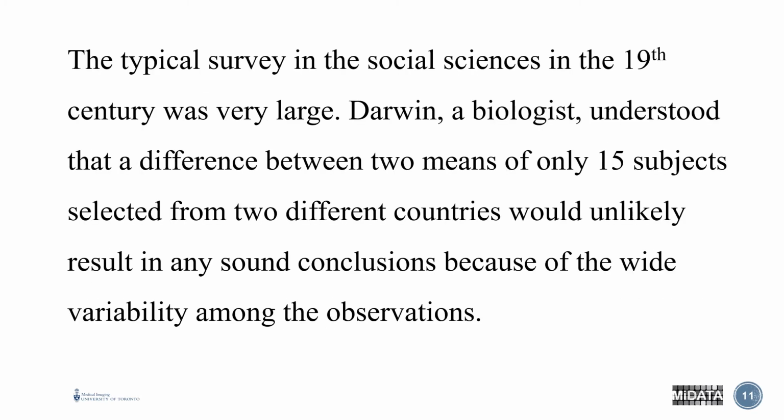Now, the typical survey in the social sciences in the 19th century was very large. So they would collect large samples and report the summary statistics. Now, Darwin, a biologist, understood that a difference between two means of only 15 subjects selected from two different countries would unlikely result in any sound conclusions because of the wide variability among the observations.